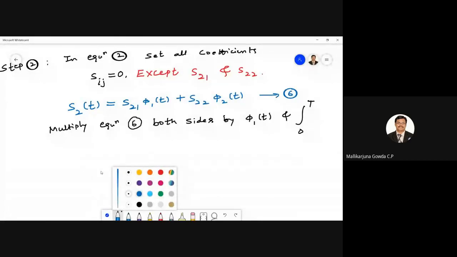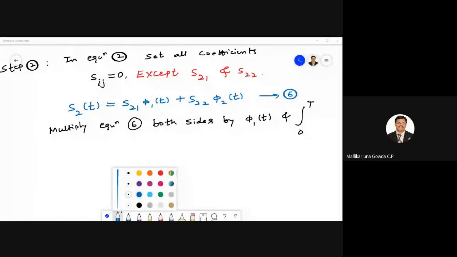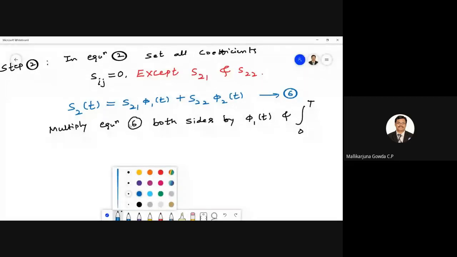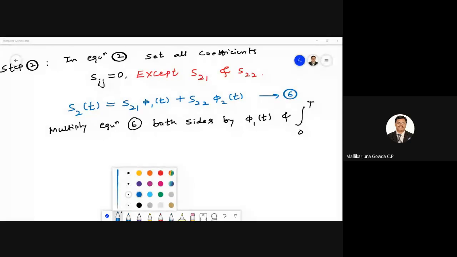Yes, Nagaveni is there. Yes, sir. Yeah, I have written here, right? Equation 6. Hope you are able to see. Hope, are you able to see the equation 6? Yes, Nagaveni. Nagaveni, no. Yes, what about Gautam Hegde?